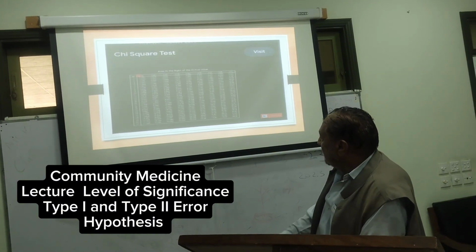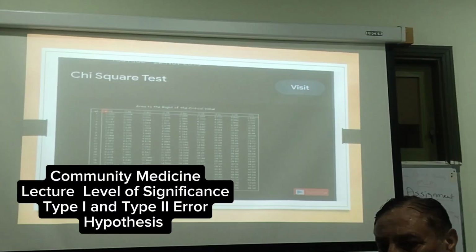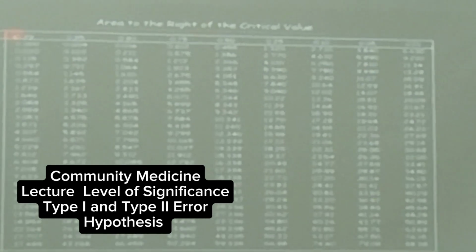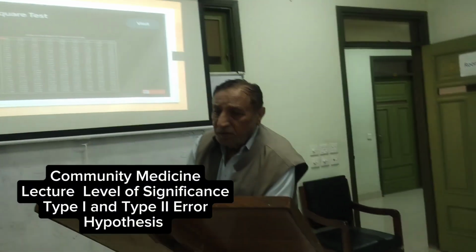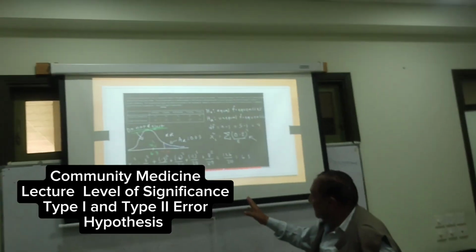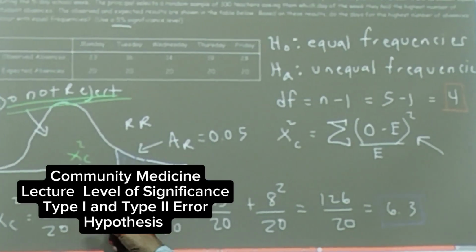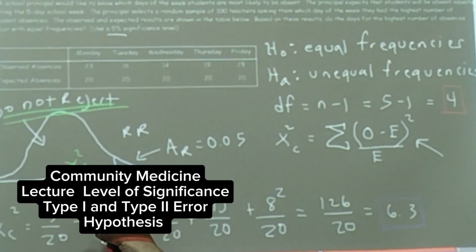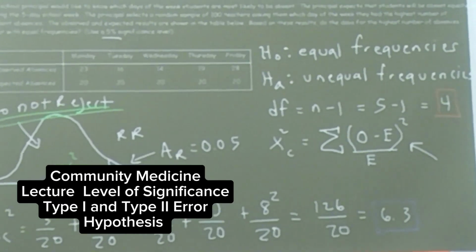Yes. These are the tables, and you will compare the calculated value with the critical value or table value. If the calculated value is greater than the table value, then you will reject the null hypothesis. Here the calculated value is 6.3 and the table value is 9.4, so you will not reject the null hypothesis.